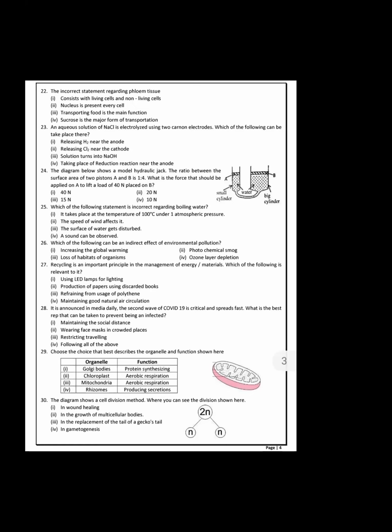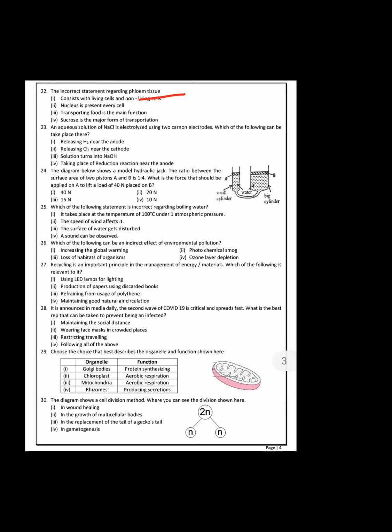The 22 we did, the incorrect statements of the phloem tissues. All plants consist of meristematic tissues and permanent tissues. When we consider meristematic tissues, there are the apical meristems, the intercalary meristems, and the lateral meristems.